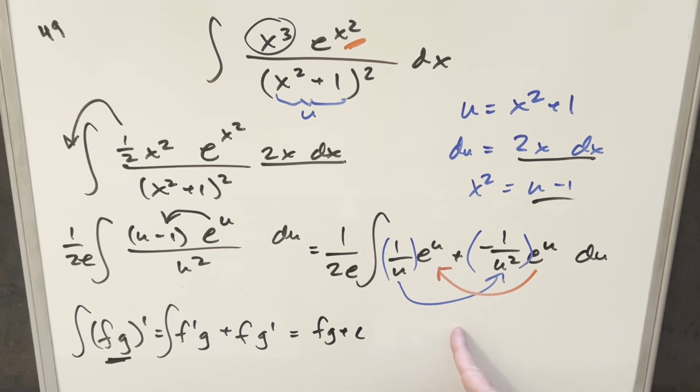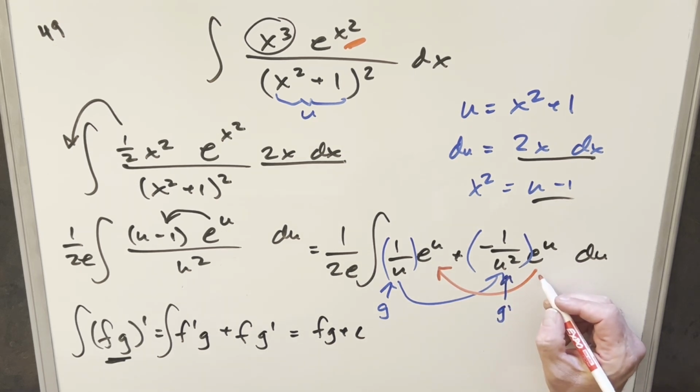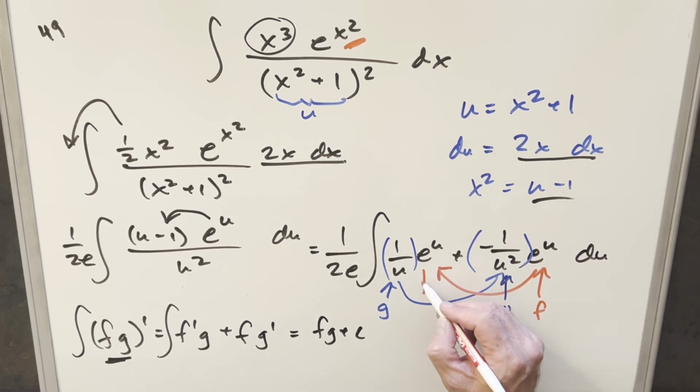So really all we're left to do is put some labels on things. If I call 1 over u g, then we have our g prime. And if I call this e to the u f, then I have my f prime right here.